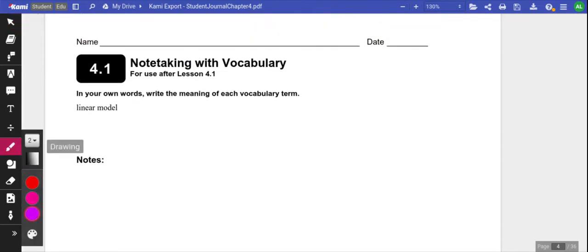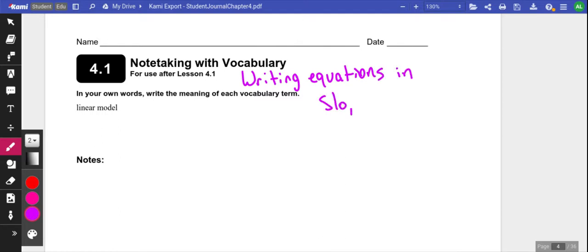So we can go ahead and get started. If we want to label this, 4.1 was just writing equations in slope-intercept form. So that slope-intercept form that we learned about in chapter 3 doesn't go away, right? We keep using that through all of chapter 4.